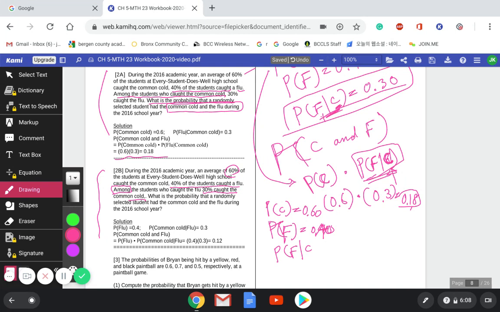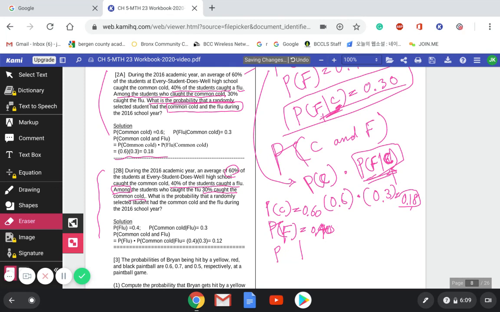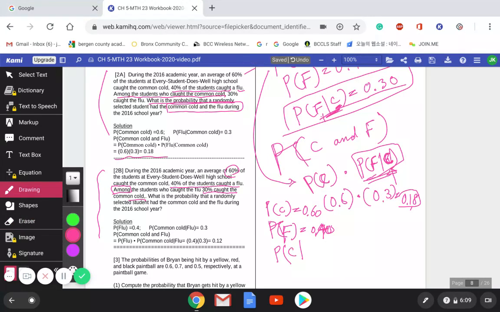So you have to write common cold as the conditional part, because that's what the 30% is. Because 30% represents a common cold among the people who got flu. So the first step was flu. That is 0.30.